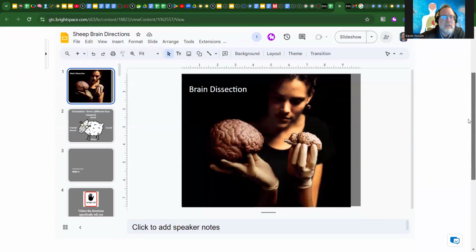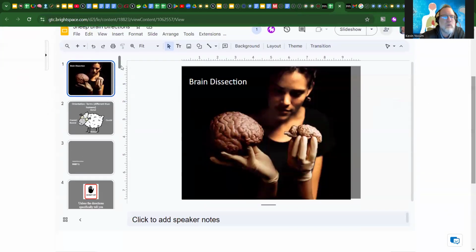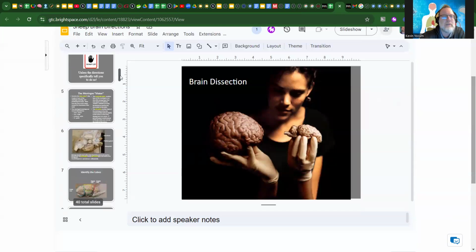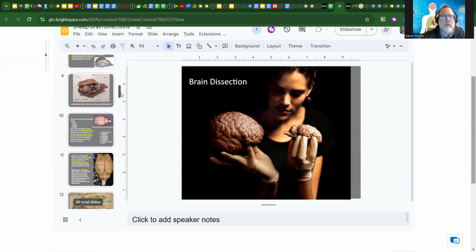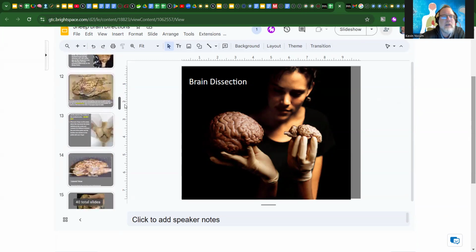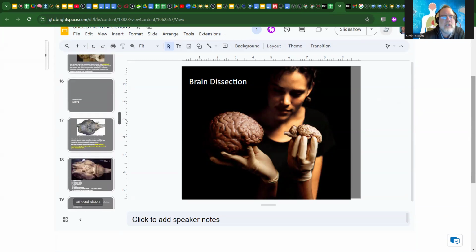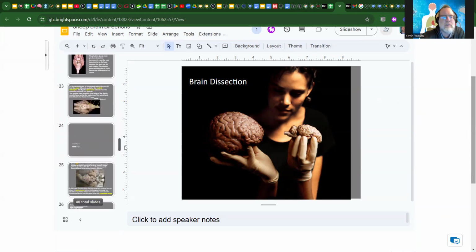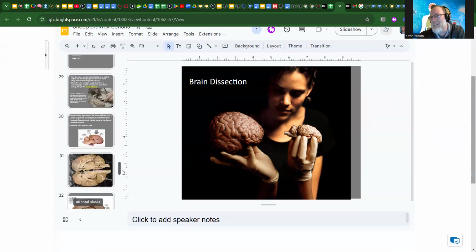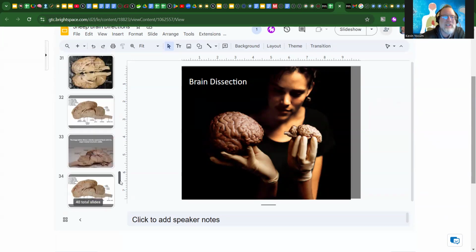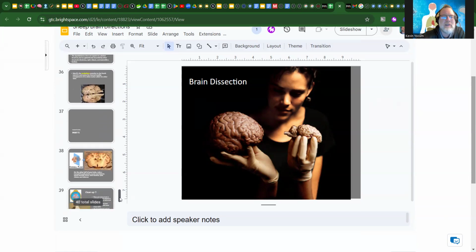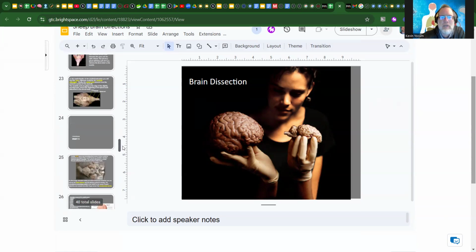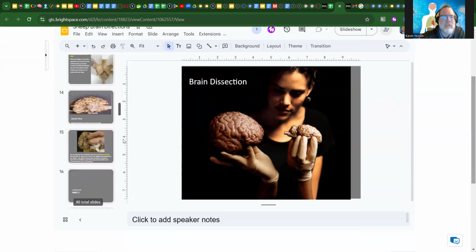I'm not going to necessarily go through this slideshow mainly. Well, I don't know. I don't want to spoil the fun for next week. You can certainly go through this yourselves. This is what we're going to be doing next week. During the dissection, I'll have this PowerPoint pulled up, and we're basically going to be going right down the line through each of these slides.